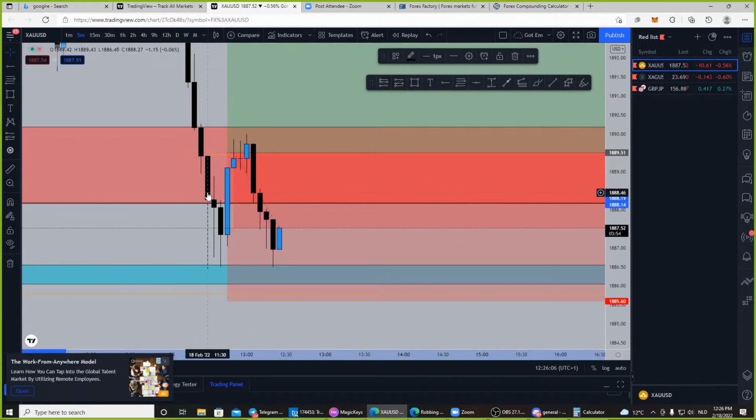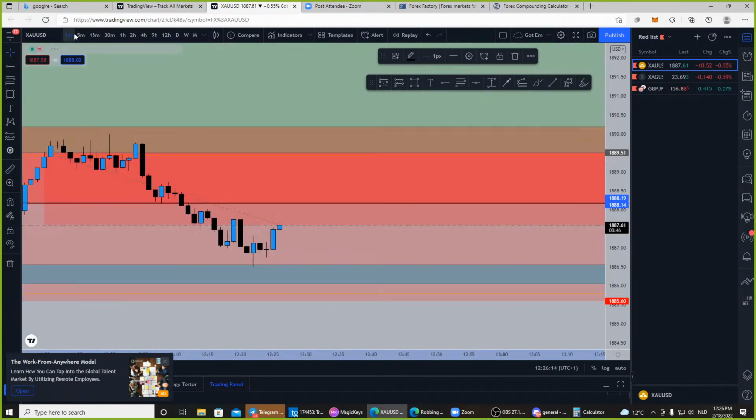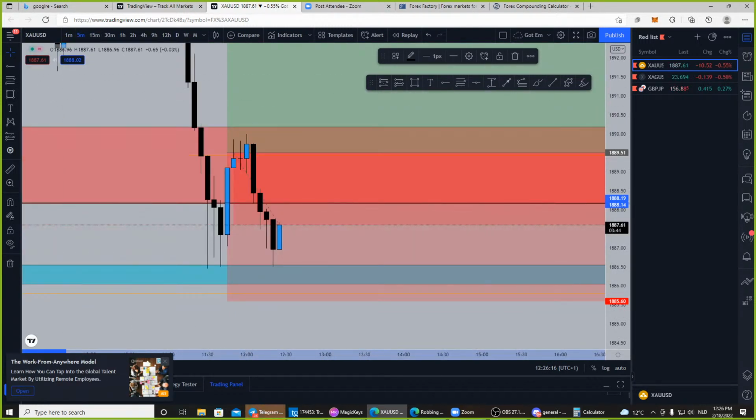So maybe if we get an engulfing right here on the lower time frames, I'll enter again. I'll enter my other 0.5% risk, and then I'll be totally in for 1%.